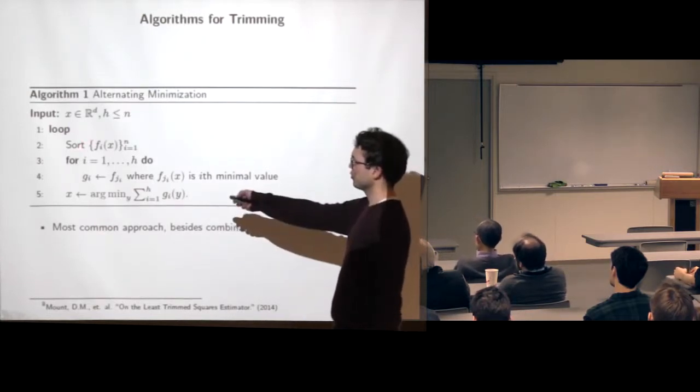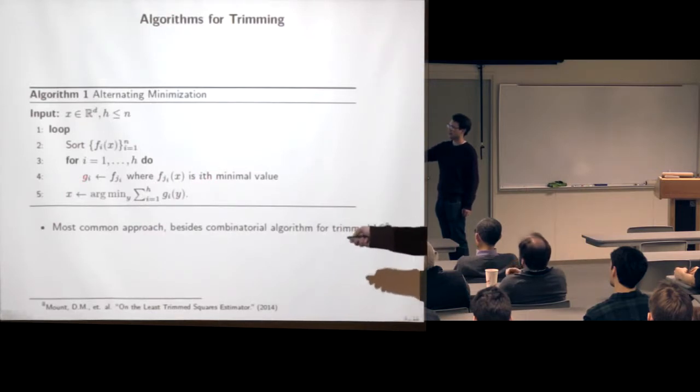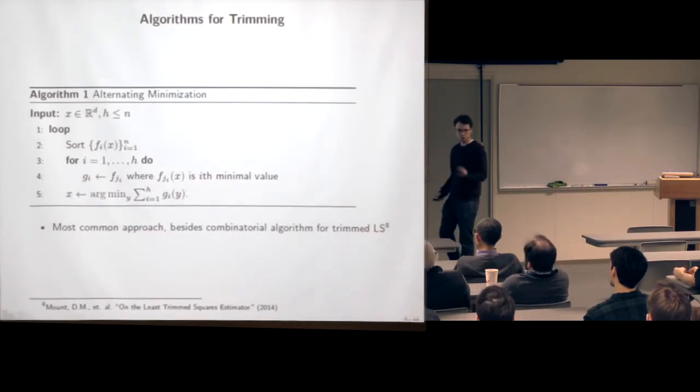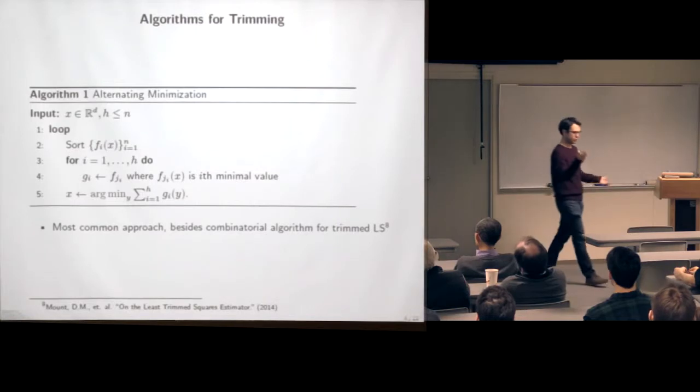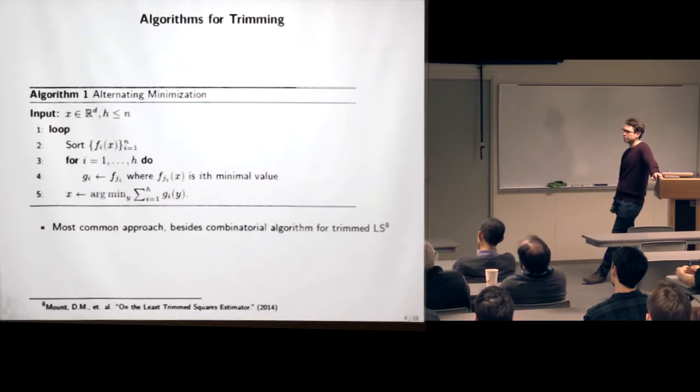First you sort the objectives for the current x, and you assign them to be g, and then you minimize the sum of the minimal residuals. And you just go back and forth from sorting all the objectives to minimizing this problem. And it's pretty nice. It converges pretty quickly to something, and it's probably the most common approach for fitting these models. It was introduced for least squares, but it's been generalized to any sort of loss.